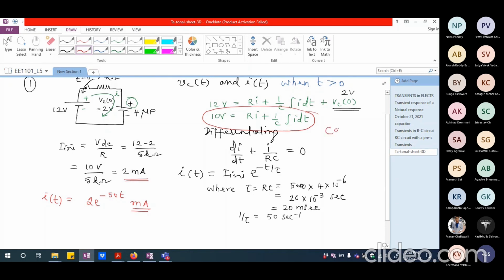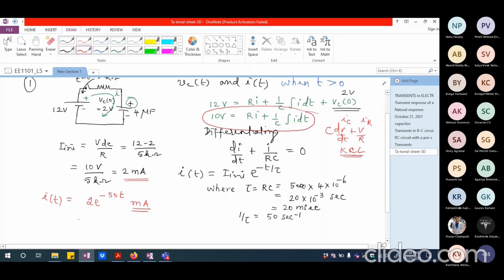You can write C dV by dt plus V by R. That is also fine. This becomes the KCL equation. C dV by dt is IC, V by R is IR. You can do that also. But I wanted to just write the mesh equation. That is also fine. So I have written the mesh equation. You can do it the other way around also.